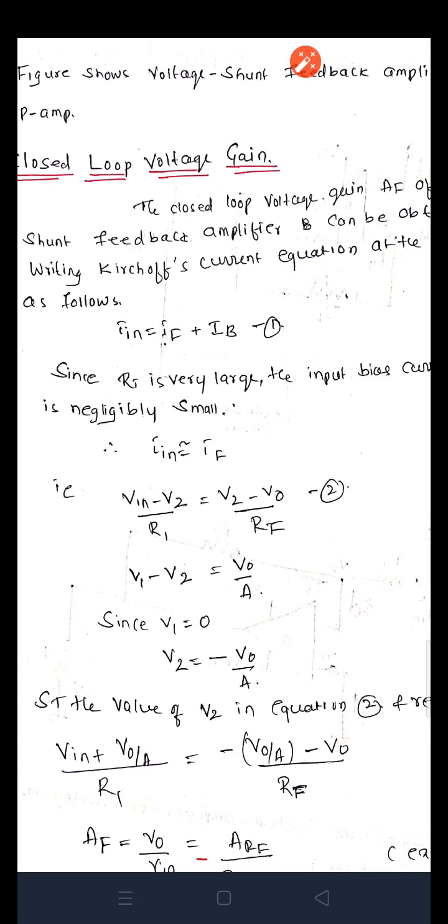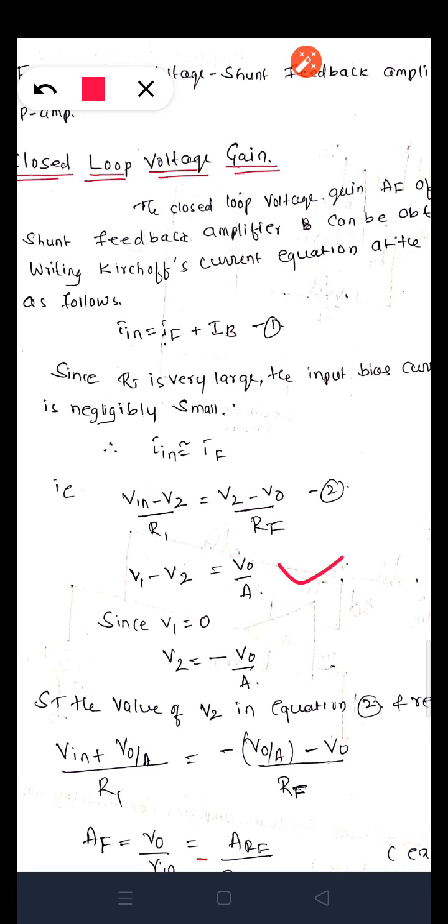According to the gain of the differential amplifier, we know that the difference V1 minus V2 is equal to V0 by A. This is our standard equation.